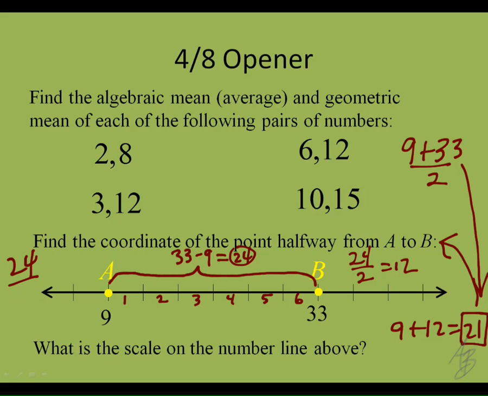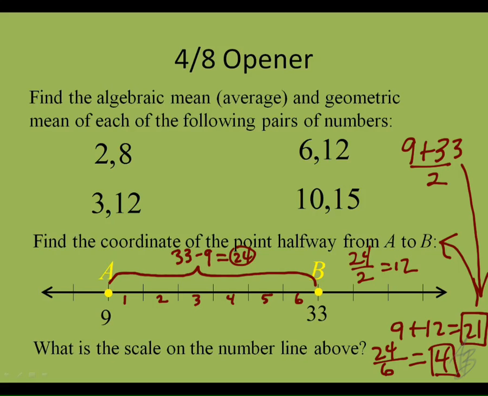Plus 4. Yeah, and actually I'll just write it down here. We'll take the distance divided by the number of spaces, and we get a scale of 4. So that means that the distance between each of those spaces is going to be 4.